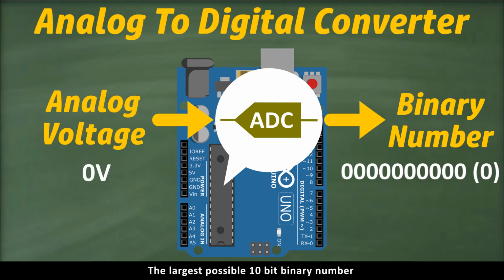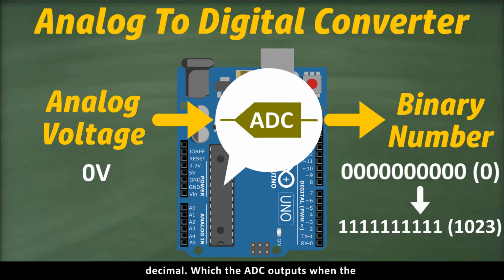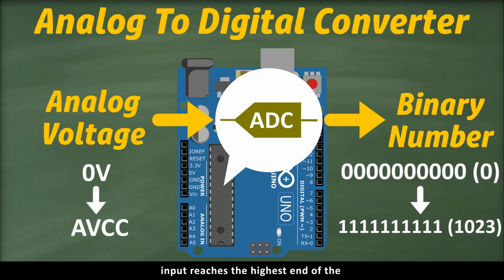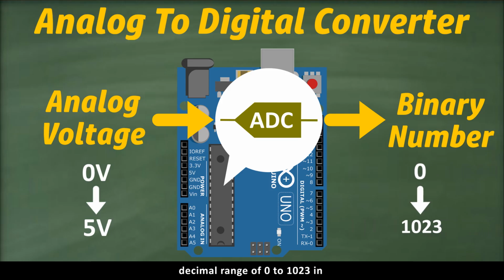The largest possible 10-bit binary number is this, equal to 1023 in decimal, which the ADC outputs when the input reaches the highest end of the range. By default, that is the supply voltage of the ATmega328 chip at the AVCC pin, usually close to 5 volts. To avoid working with binary, we'll use the decimal range of 0 to 1023 in this explanation.